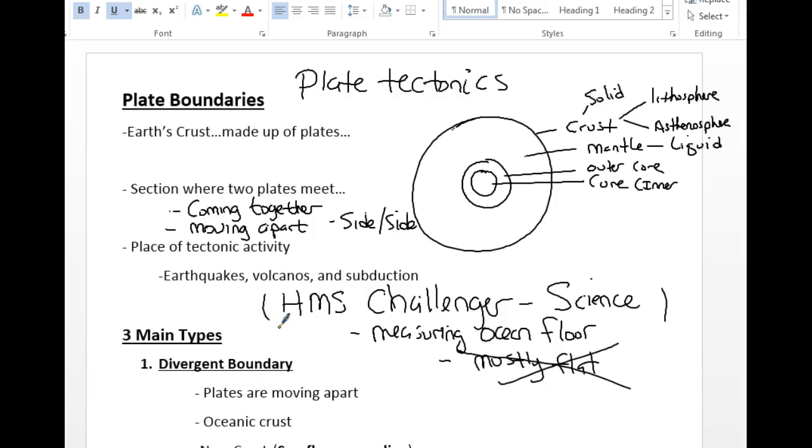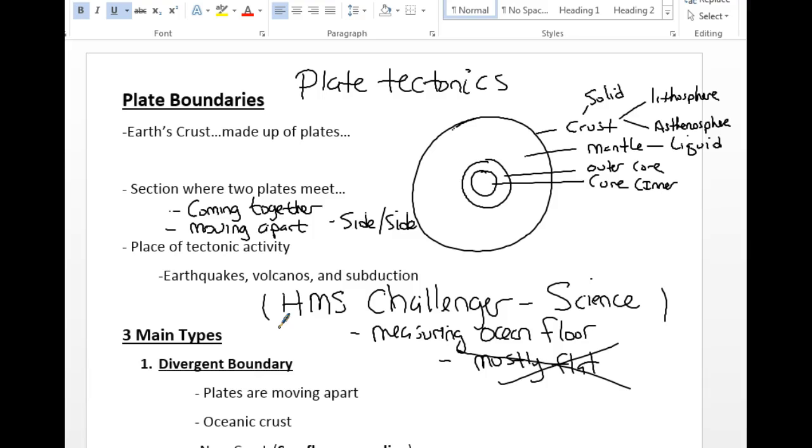And how did they get down there? Well, these mountain chains got there by plate tectonics. When plates move, they crash into each other and form mountains. They move apart and they can form mountains that way. They can be going side by side and so on. So that formed the different parts of the ocean.